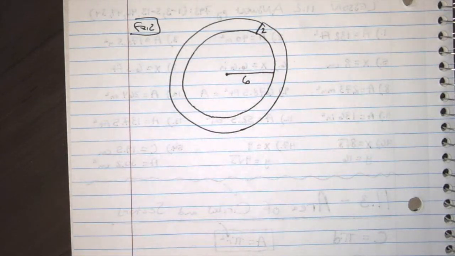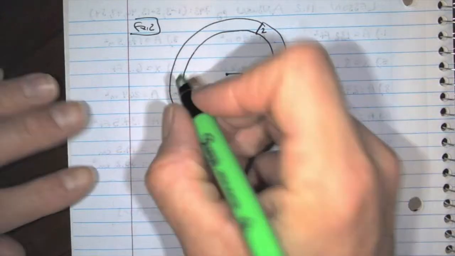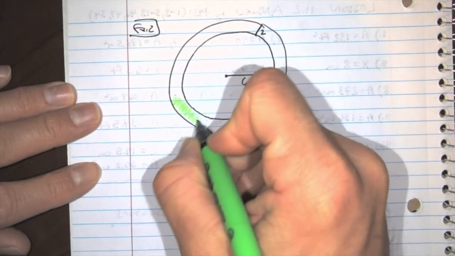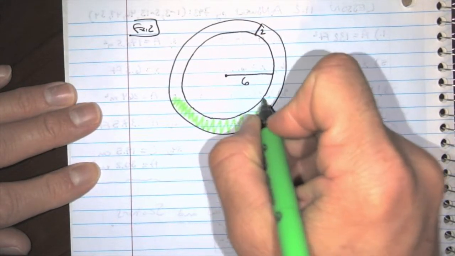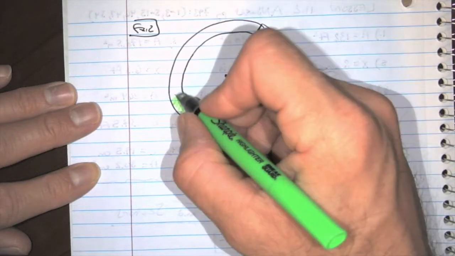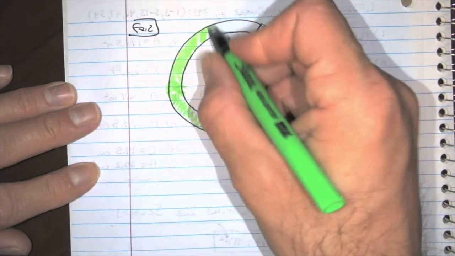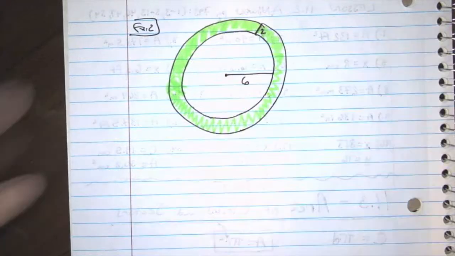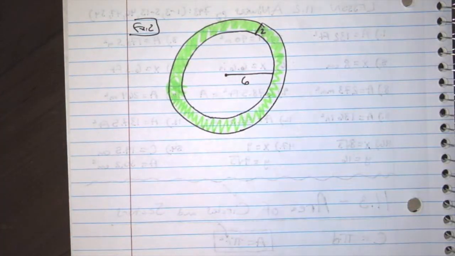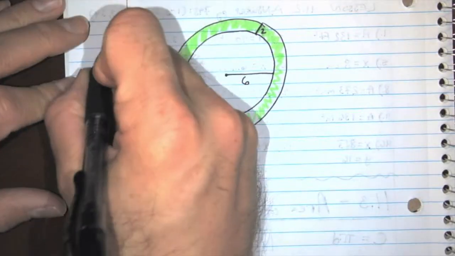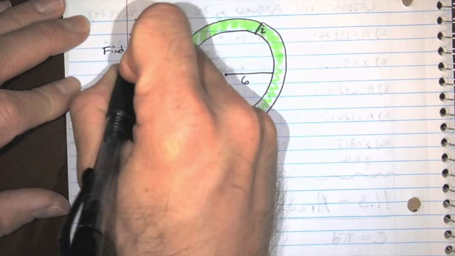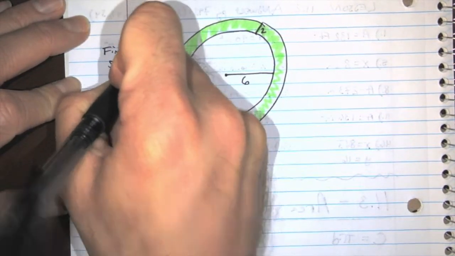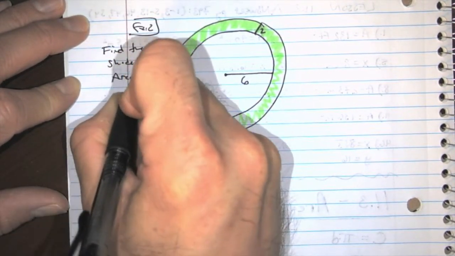Let's make this interesting, shall we? I'd like you to find the shaded area. So we're going to find the area in between these two circles. And I'll put some directions down. Find the shaded area.